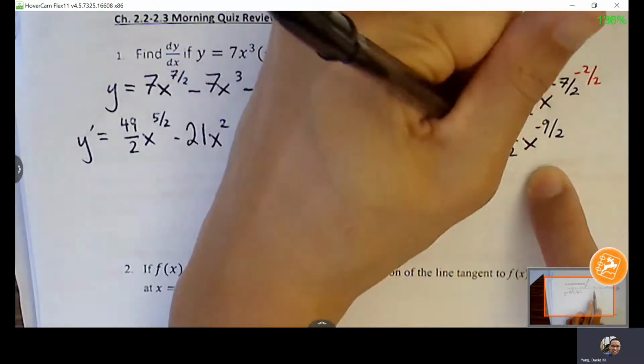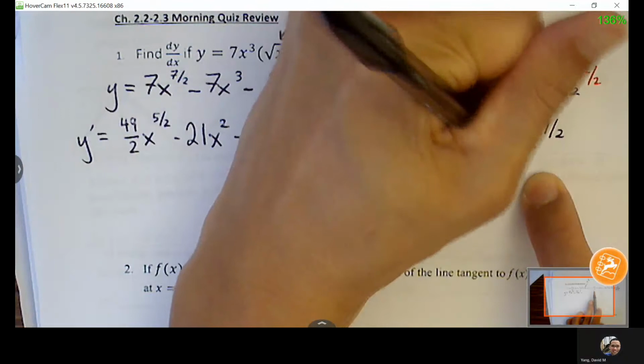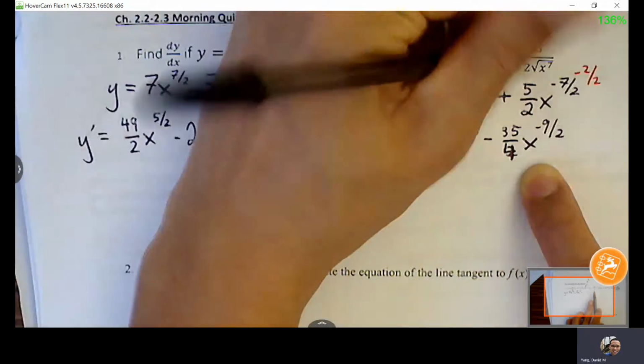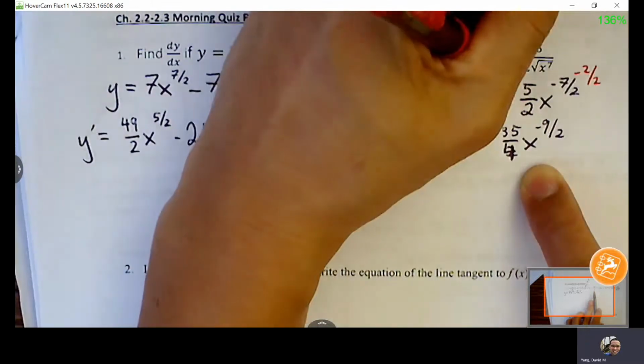Whoops, over 4. Also, it should be negative 2/3 instead of negative 1/3. Oh, yeah, sorry. I didn't have the correct denominator.